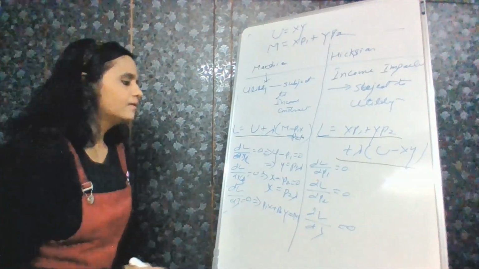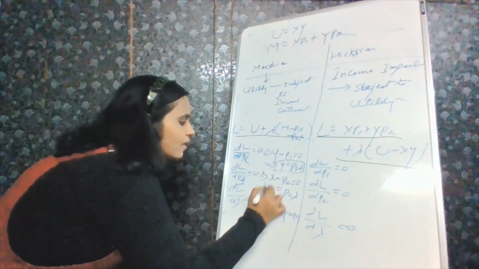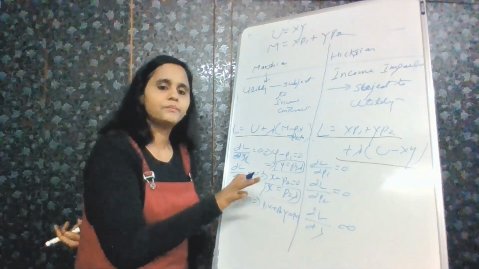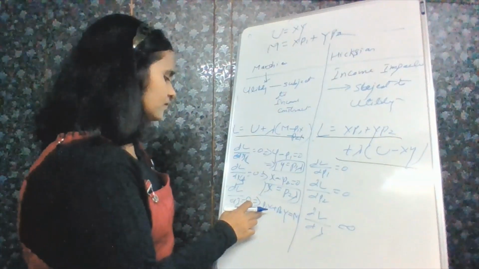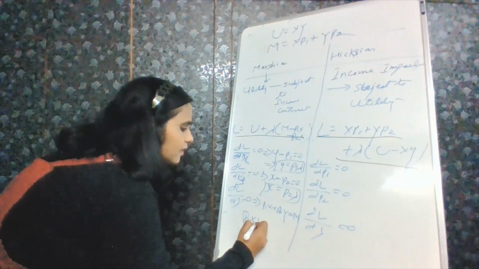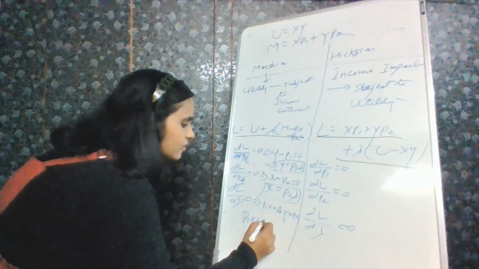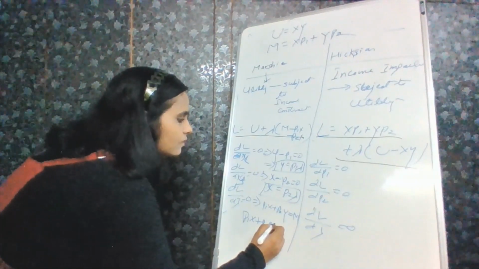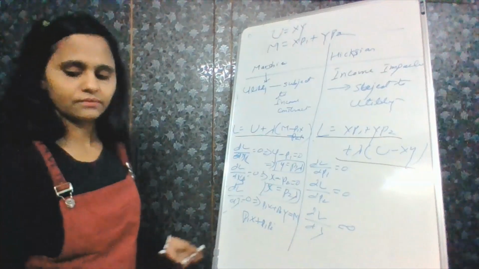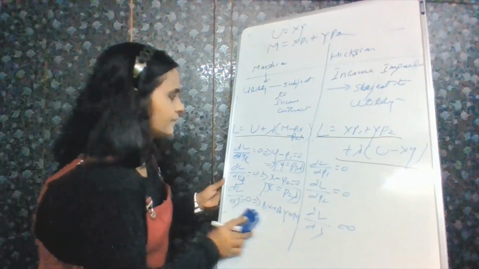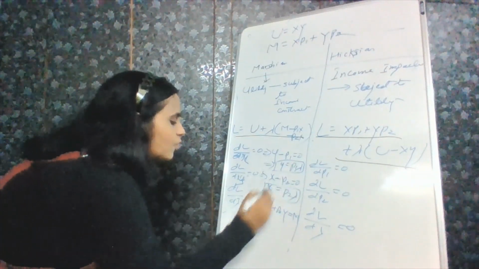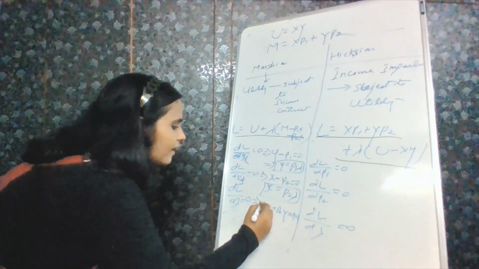Now we want to put in the lambda value so that we can derive the x and y values. We want to remove lambda so we can derive x and y.